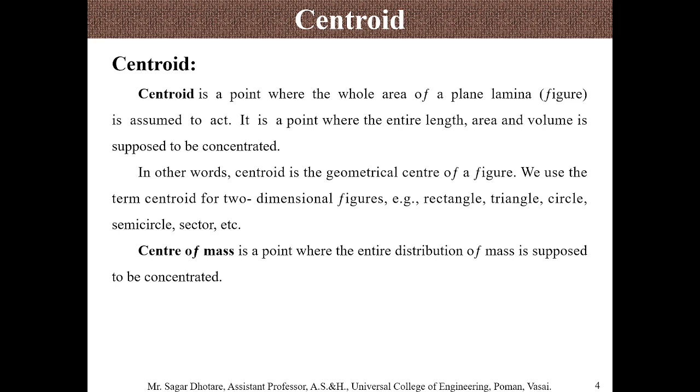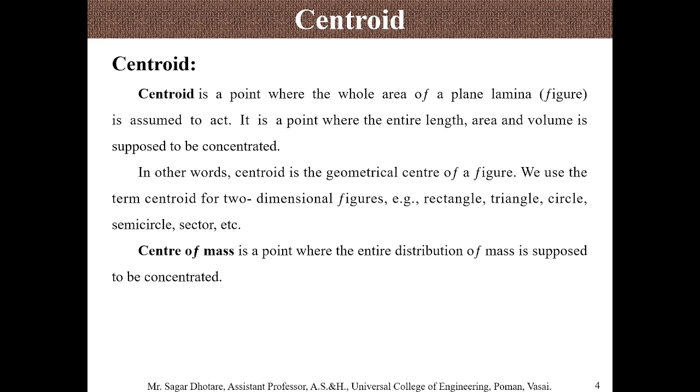That is a very important thing, because we have to identify the centroid location for different shapes. Centroid is a point where the whole area of a plane is assumed to be. It is a point where the entire length, area, or volume is supposed to be concentrated.